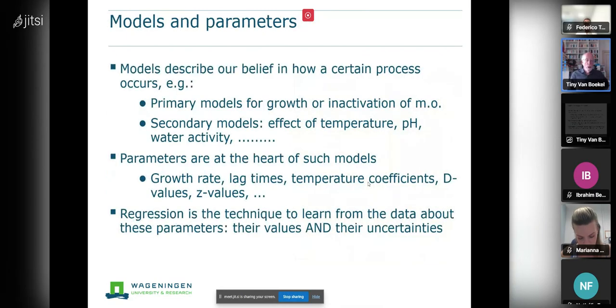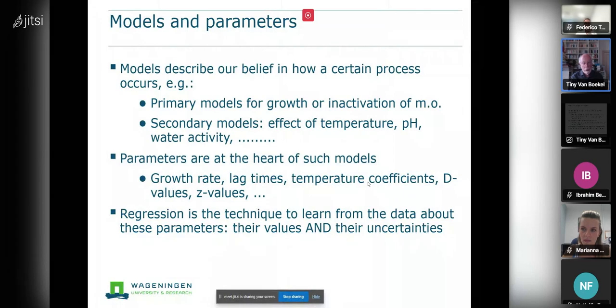So once again, models describe our belief, our imagination, of how a certain process occurs. For food microbiologists, as many of you are, there are primary models that describe growth or inactivation of microorganisms. There are secondary models that try to explain the effect of temperature, of pH, of water activity, and probably some other factors as well.